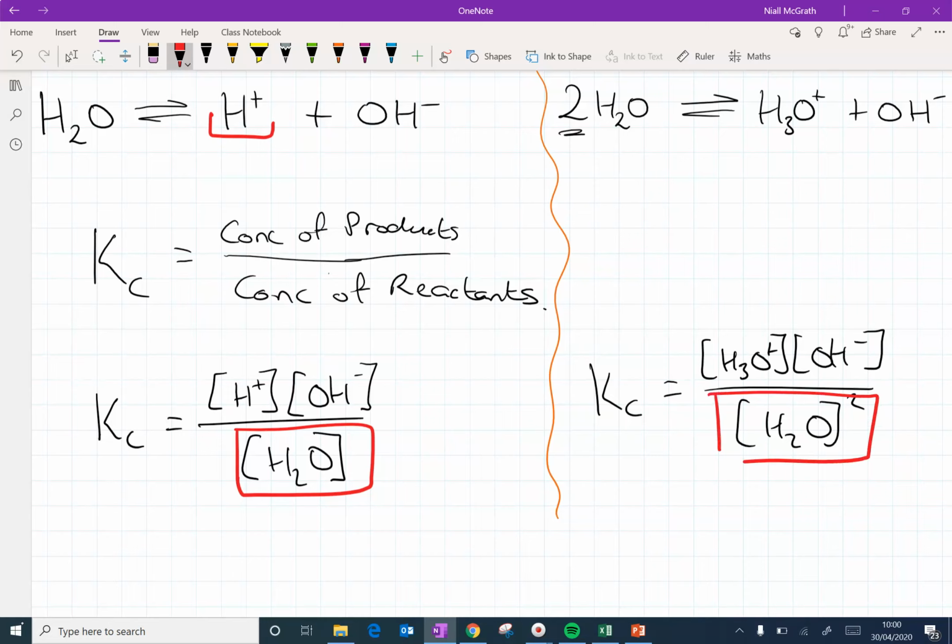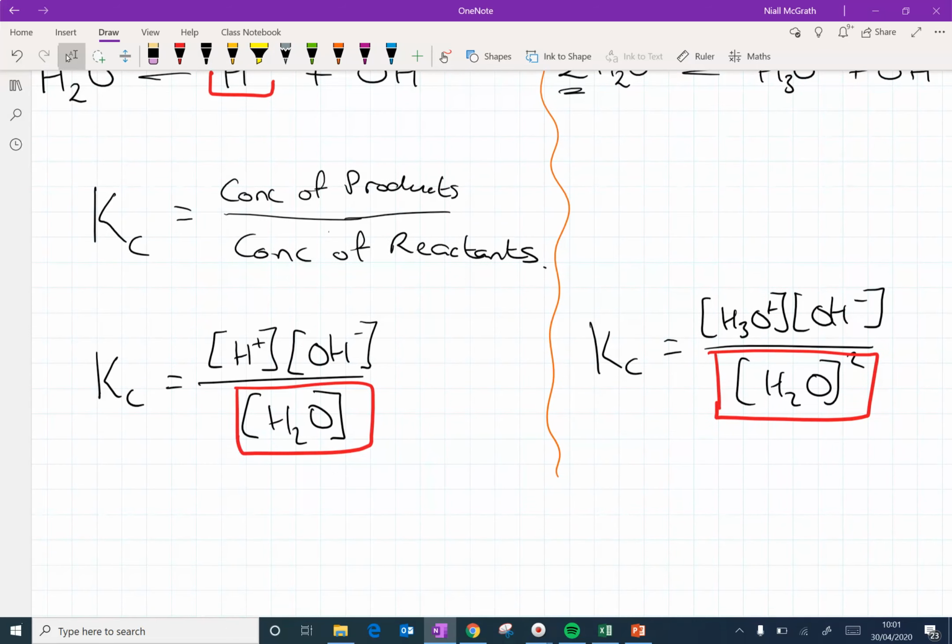Unlike where you could have 1 molar or 2 molar or 0.1 molar hydrochloric acid or sodium hydroxide, the concentration of water doesn't really change. Or the changes that can occur in it are so small that in chemistry they're almost considered a constant. So we can have constants on one side of our equation and things that change on the other.